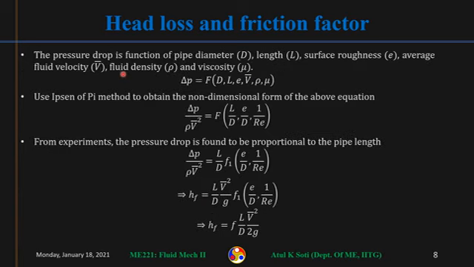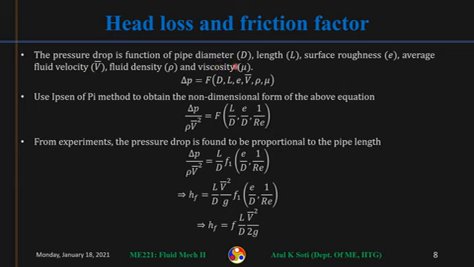So we'll try to develop a dimensionless expression for pressure drop. The pressure drop in this pipe flow is a function of, as we have already seen for laminar cases, pipe diameter, length, fluid density and viscosity, and average velocity inside the pipe.